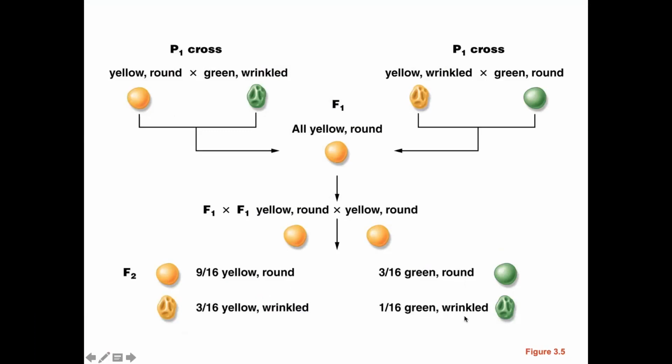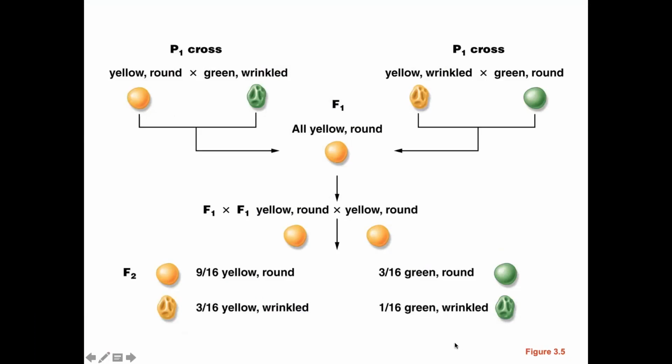The other thing about these 4 phenotypic classes is they segregated in a very characteristic ratio, and the ratio is 9 to 3 to 3 to 1. So that's his observation from his dihybrid crosses.